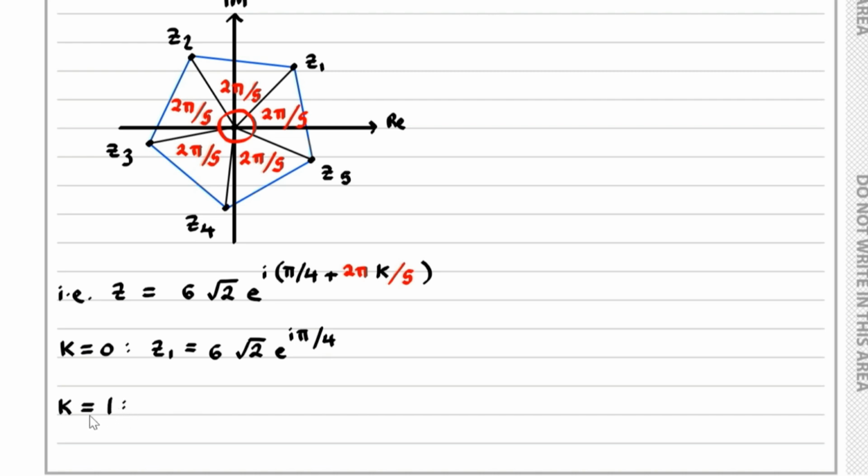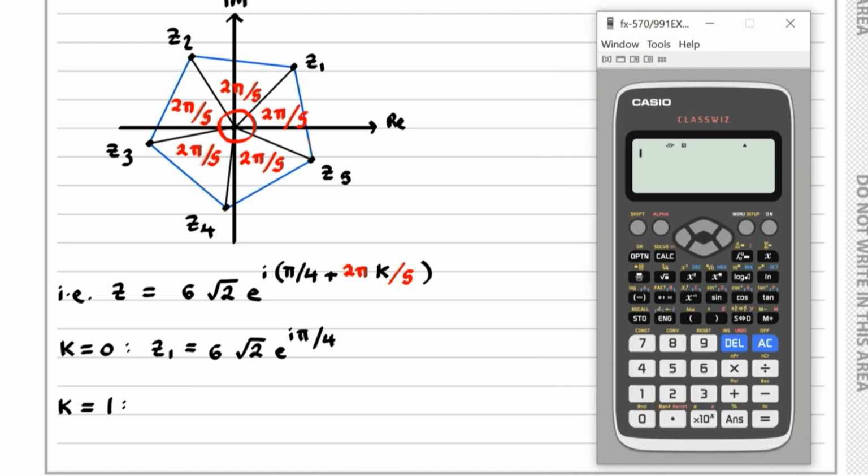When k is equal to 1, well, if we go to our calculator, and then if we enter into the complex mode, and if we go to the settings, to the complex settings, and then change it to the second type, we've got 6 root 2, and then if I press shift and then this, type in this as our argument.